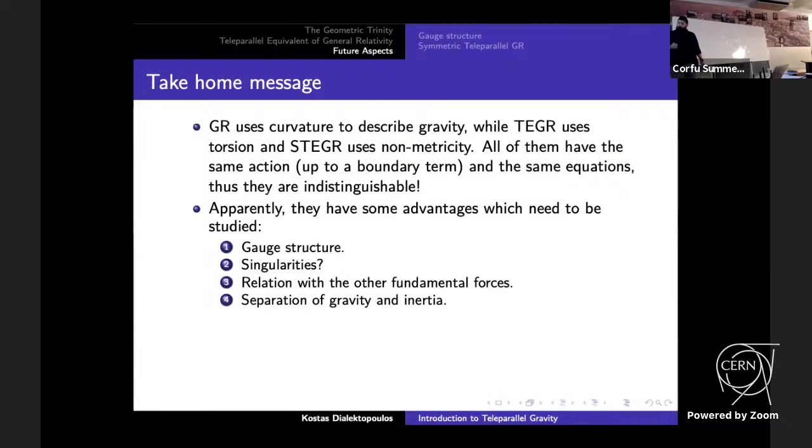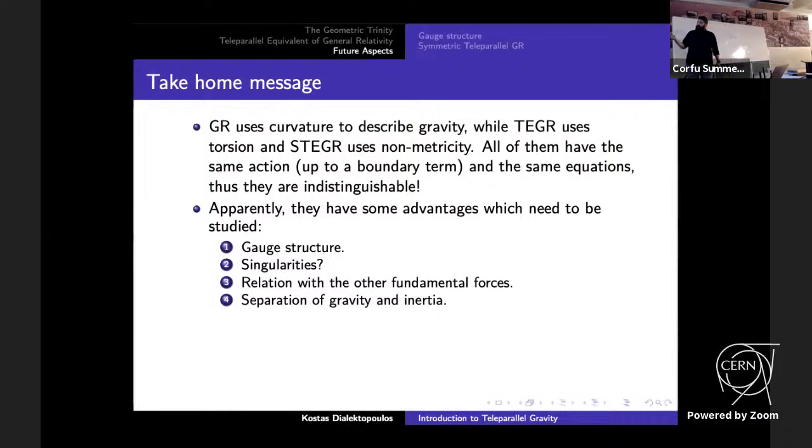And we have, of course, some advantages in studying these theories. The gauge structure is one of them. It is believed that in some modifications of the teleparallel equivalent, like f(T) theories or scalar-torsion theories, black holes, or rather singularities, could not exist.